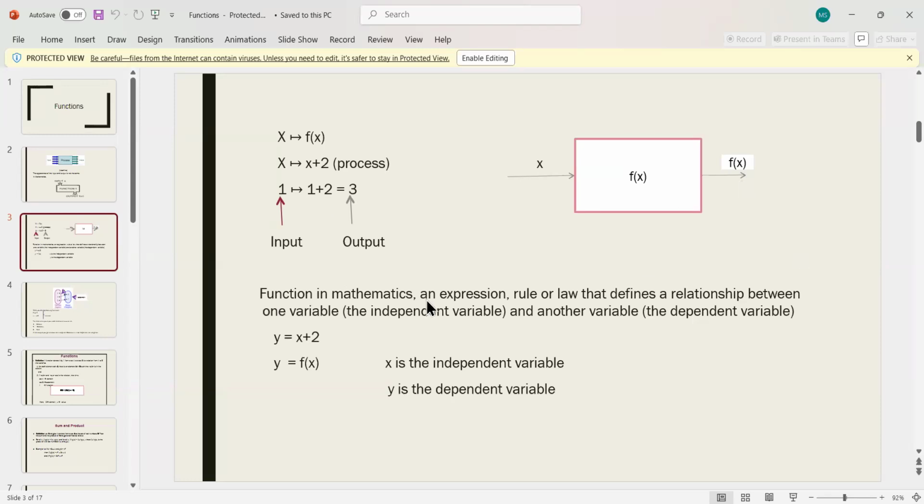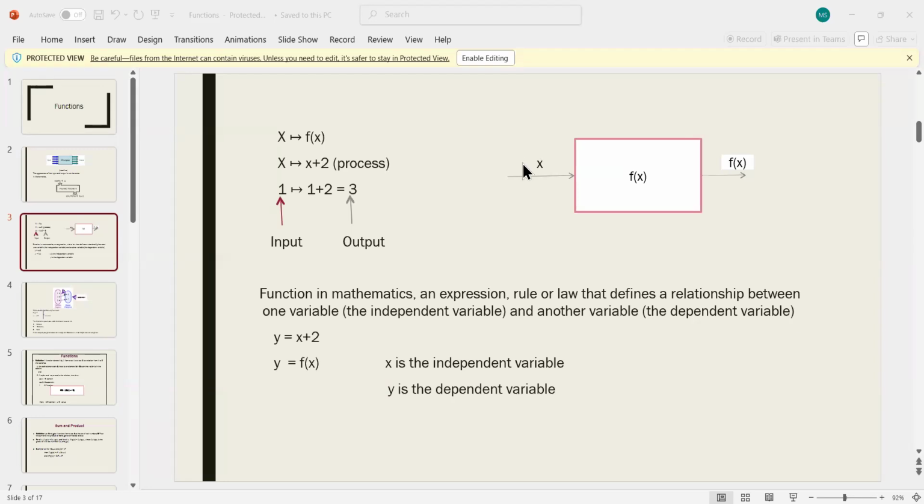A function in mathematics is an expression, rule or law. This is known as the rule or the law or the expression that defines a relationship between one value, the independent variable, and the other value, the dependent variable.